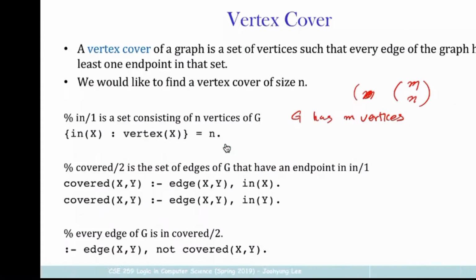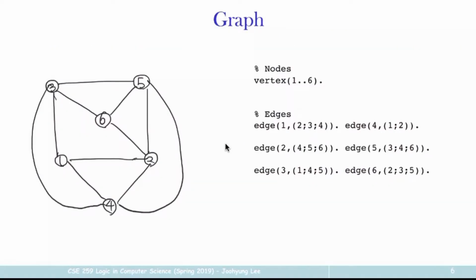Let me actually show you what that graph was. This is the graph, and we have to find the vertex cover. Actually, we didn't do this exercise. What is the minimal size vertex cover for this example?